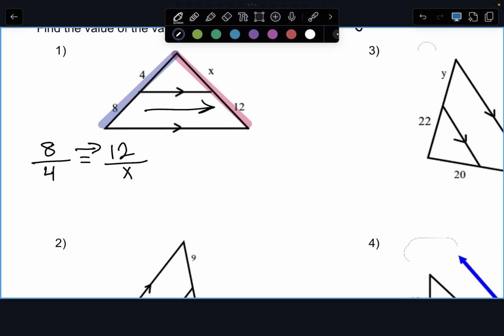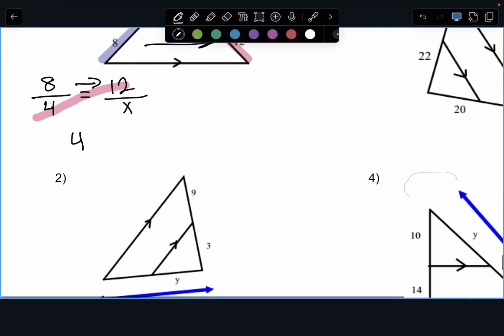What method do I use to solve this? What is this, Ella? Yeah, cross product property, butterfly method. So our 12 times 4 is 48. Our 8 times x is 8x.